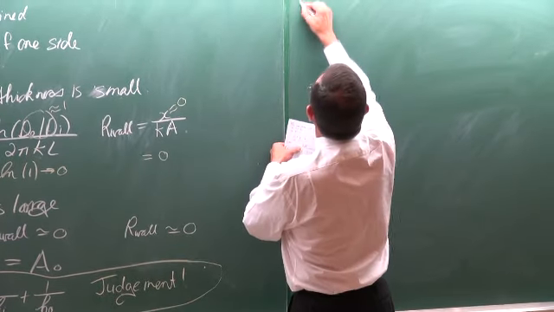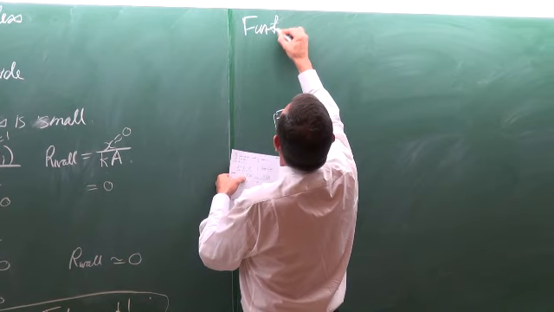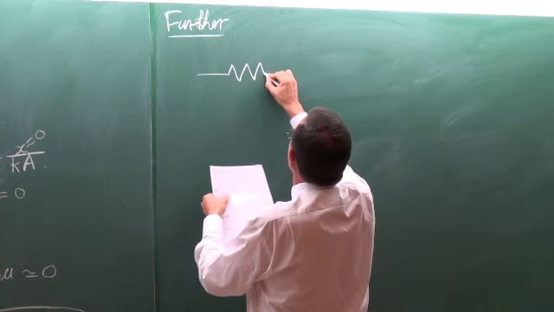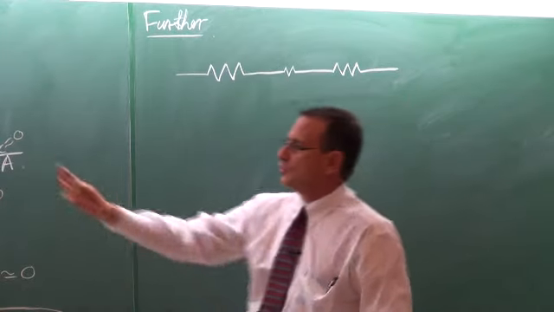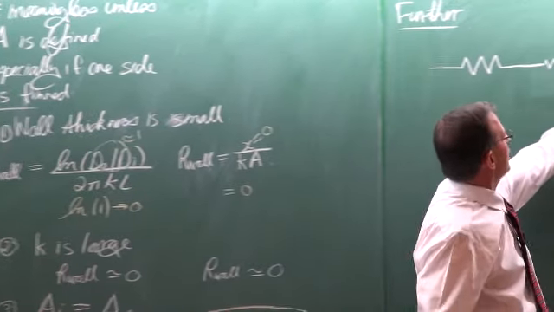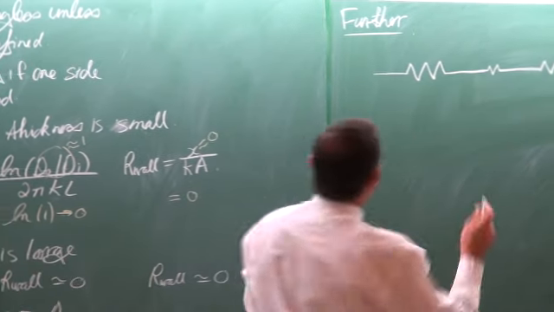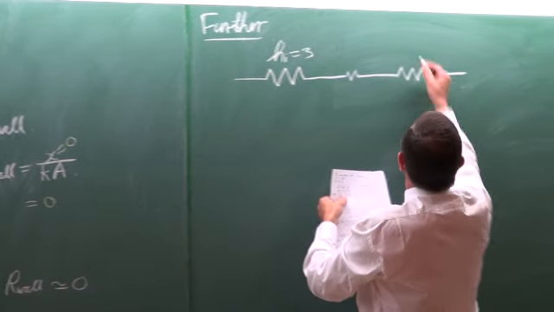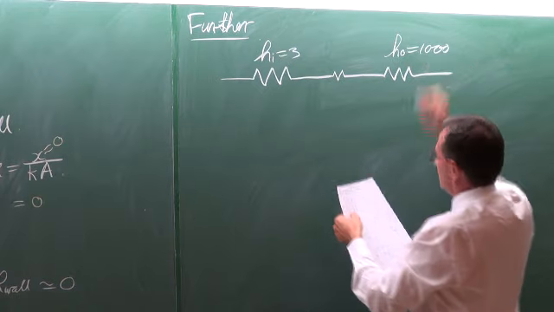Okay, now further, take note. Let's look at the case where we've got heat transfer over a wall. And we do not know the relative size of the three resistance terms. But you are given that the heat transfer coefficient on the inside is 3, the heat transfer coefficient on the outside is 100 or 1,000.